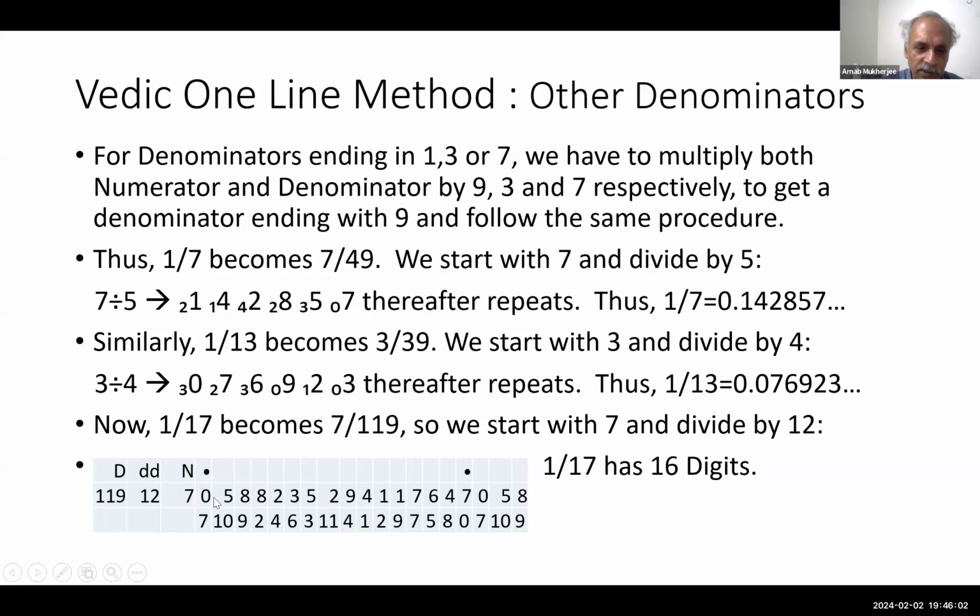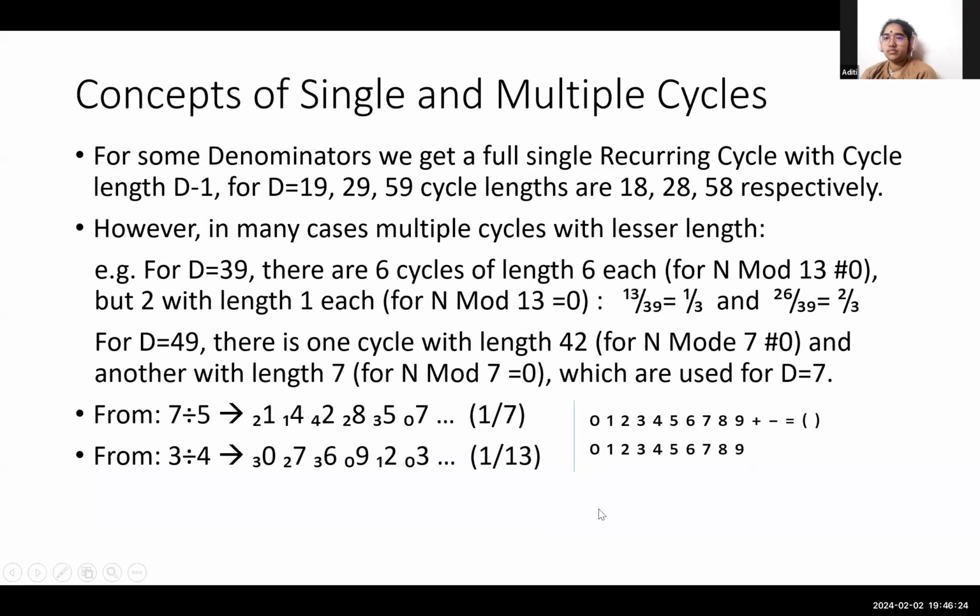So it is 0 and 7. 70 divided by 12 is 5. 5 into 12 is 60, plus 10 makes 70. So 105. Again, 105 divided by 12, it becomes actually bigger. So you get more time and we get it finally.